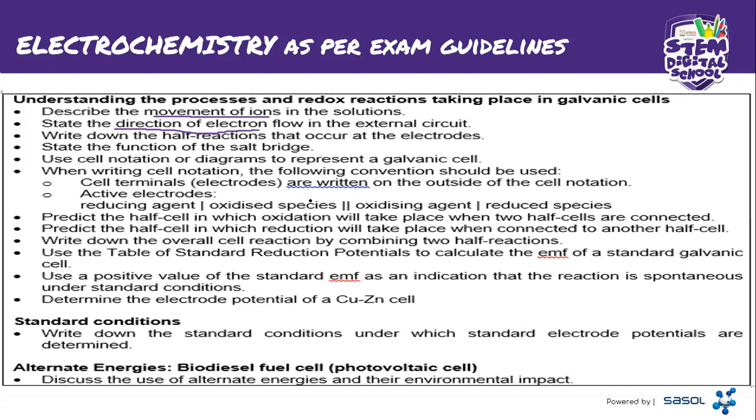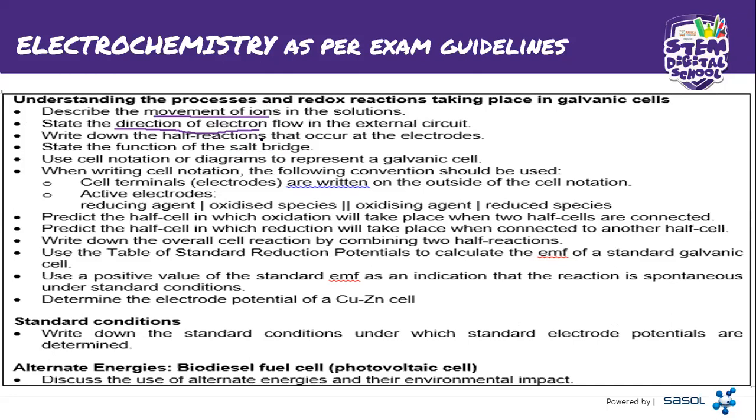I said to you, electrons are lost at the anode and the electrons are gained at the cathode. In other words, the electrons must be able to move from the anode to the cathode. And we know the pathway from the anode to the cathode is via the external circuit.